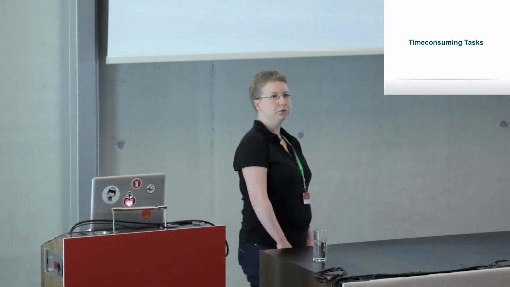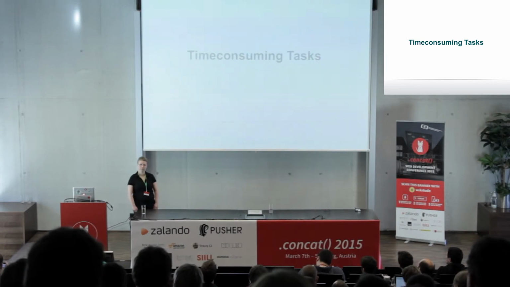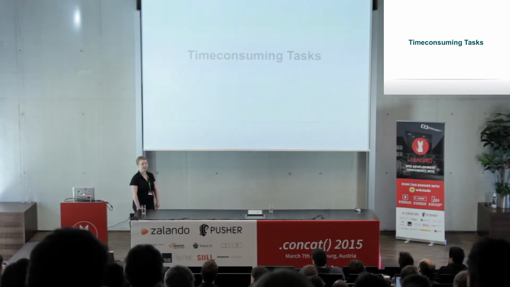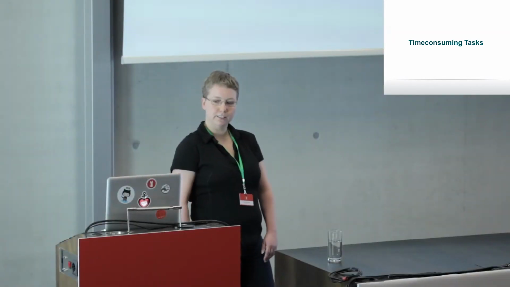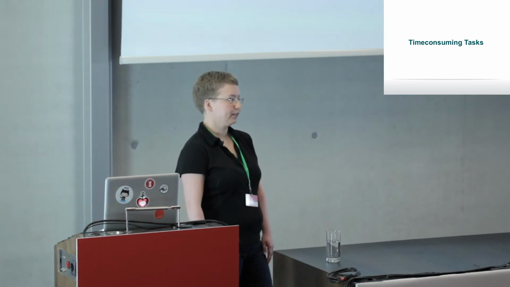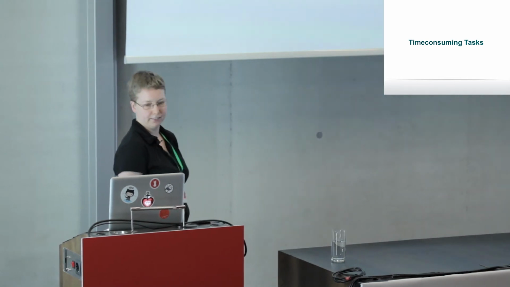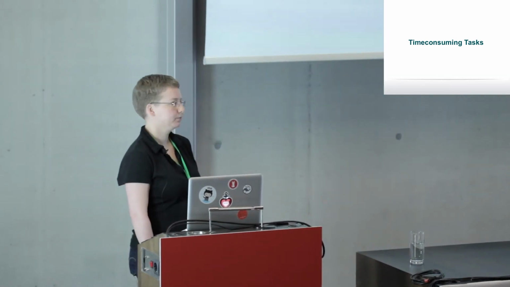So we simply don't do it in the user-facing request. Our user-facing request sends an AMQP message about the uploaded new image and immediately returns to the user, informing them that their image is going to be processed. A consumer receiving that message is actually doing the heavy lifting and the time-consuming things.